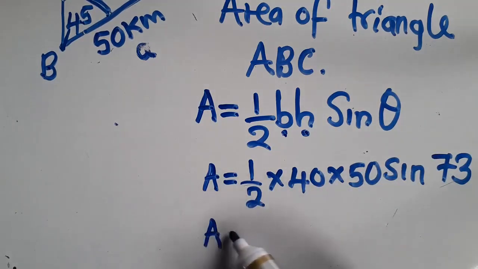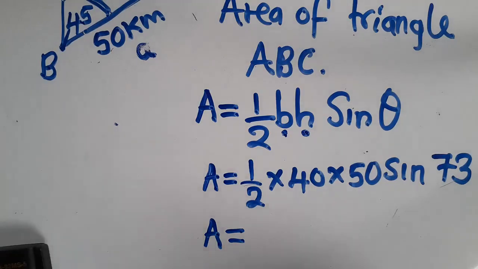So this is now equal to, you punch everything on your calculator. I told you the 1/2 here is just the same as 0.5. So 0.5 times 40 times 50 times sine 73. What answer are you getting?